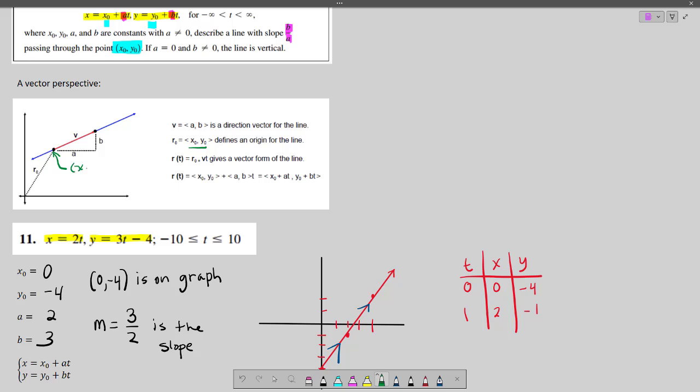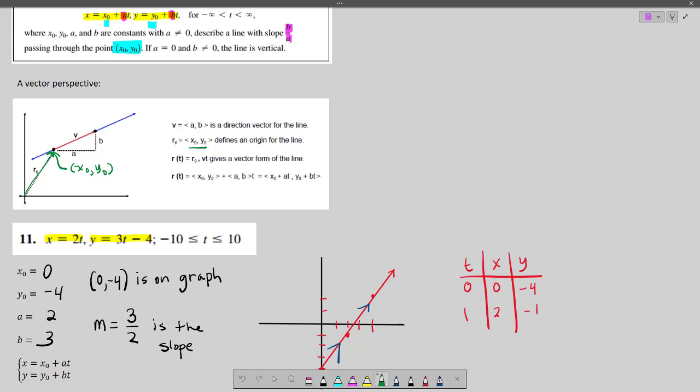This point has coordinates x naught, y naught. And if you describe it as a vector, the vector r sub 0 is the vector that's going to point to that initial point on the line, the origin kind of, if you think about that as the origin of the line. So r0 is the vector that points to the line.